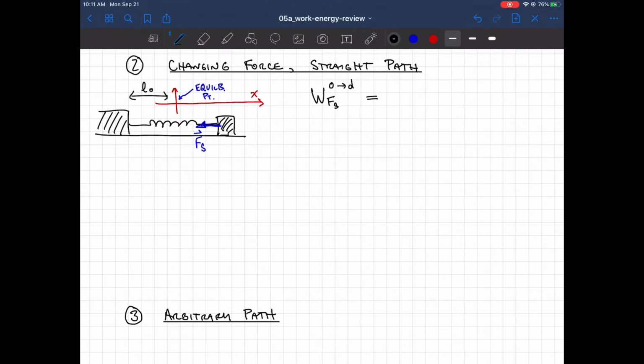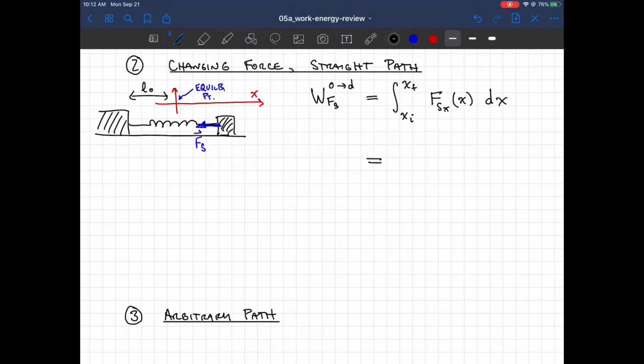And if I do that, we can use the equation that I wrote down before, which is the integral from the initial x position to the final x position of the x component of the spring force as a function of x, integrated over the x-axis. That's the definition of the work over a straight line path. And you can get that by doing a Riemann sum of our simple expression. You can take a look at older lecture notes from 230 to see that that's true.